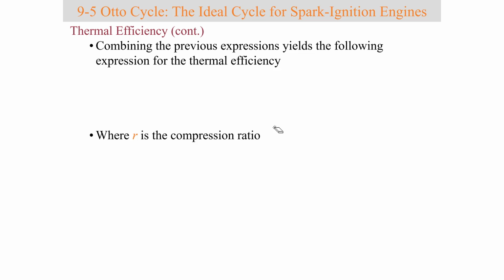So if you combine the previous equations with the efficiency equation we looked at earlier as a function of temperature, as I mentioned in the prior slide, you can also get the efficiency in terms of the compression ratio, again, where the compression ratio is the max volume over the min volume.